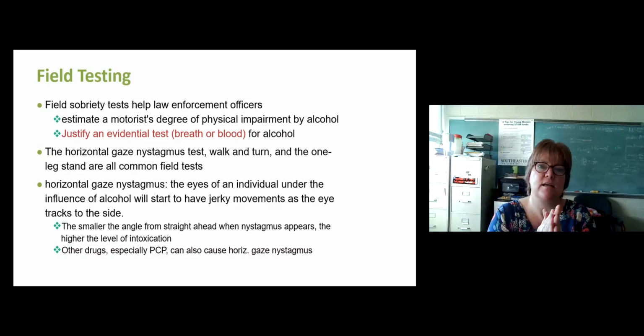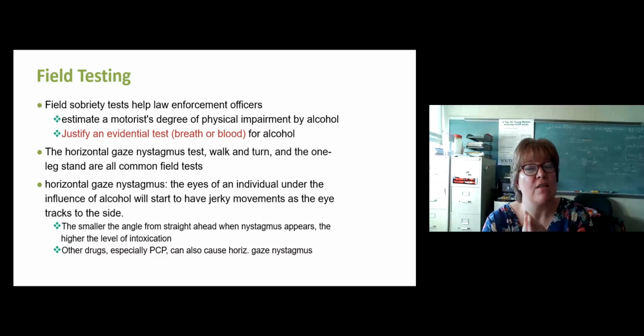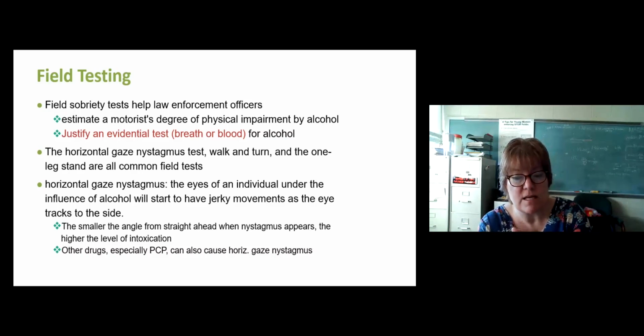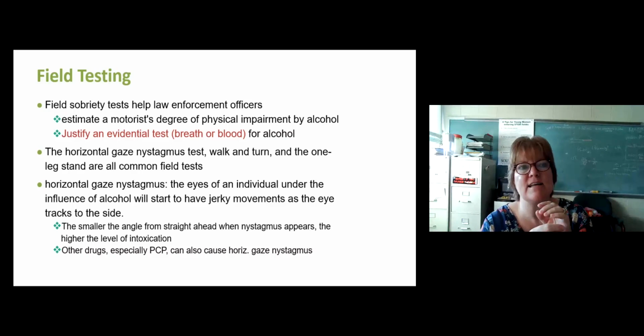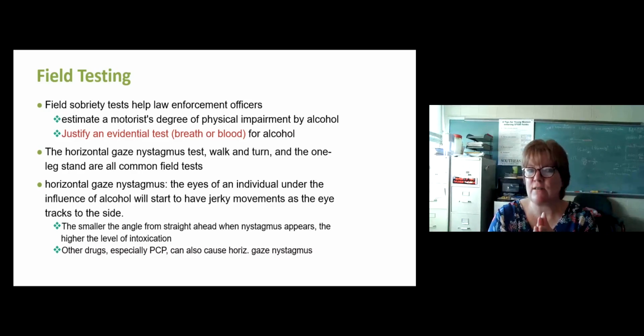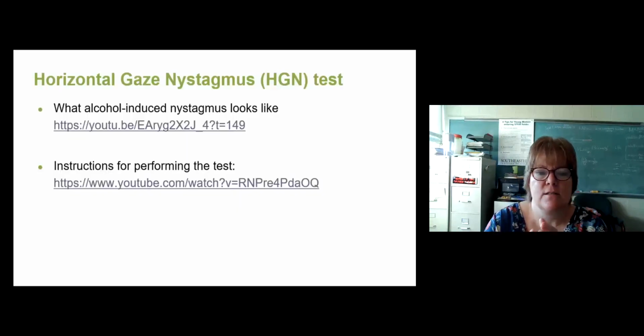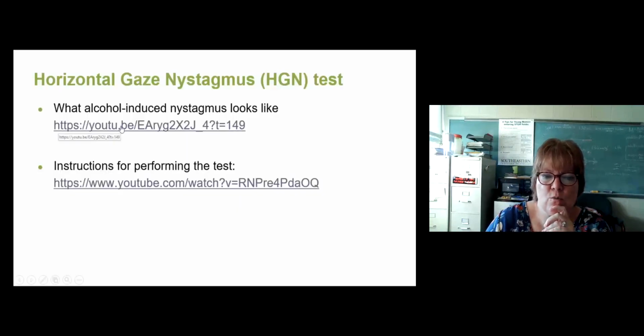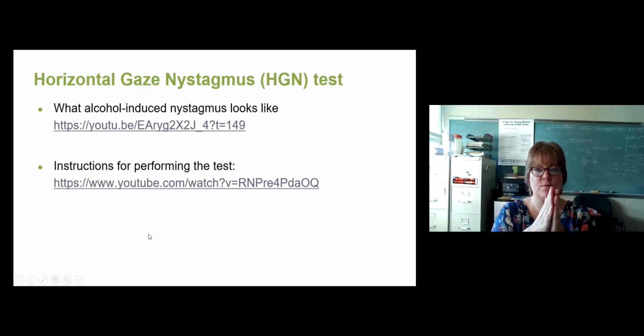So this is a test that you'll see officers perform. Other drugs can do the same thing, especially PCP, but it's not all drugs, so it ends up being a fairly good test for alcohol. I want you to watch these on how to perform the test, but the general idea is you have them follow something, usually a stick, from side to side, and you're watching.